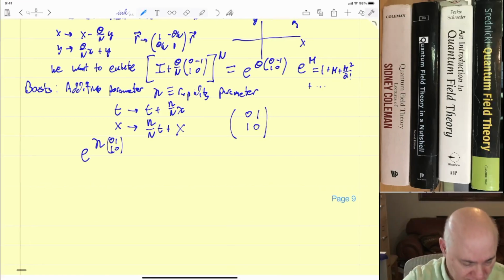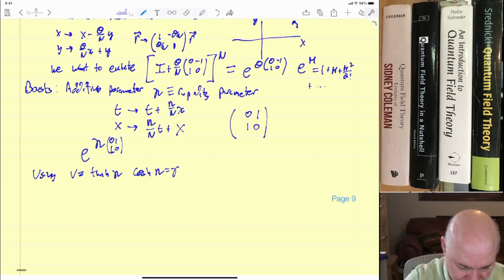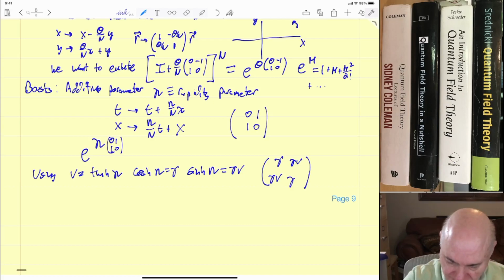Just to make that clear, using v equal to hyperbolic tangent of eta, hyperbolic cosine of eta is equal to gamma, and hyperbolic sine of eta is equal to gamma v. So our boost matrix becomes gamma, gamma v, gamma v, gamma. And that's what we expect. So when we boost in one dimension, everything is fairly easy.